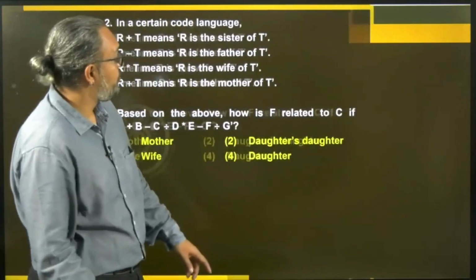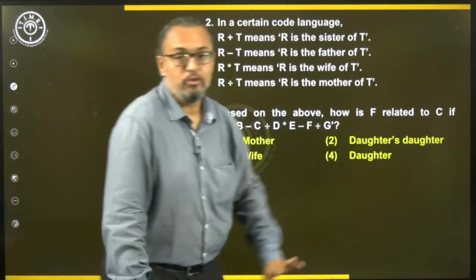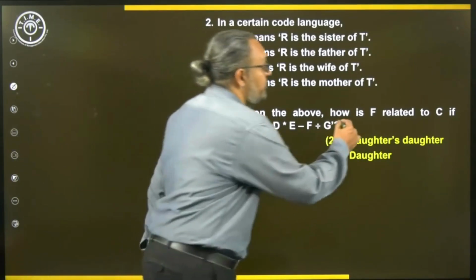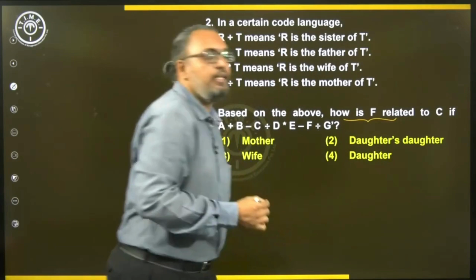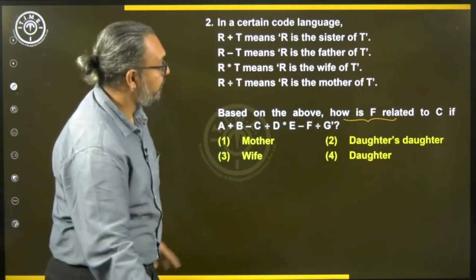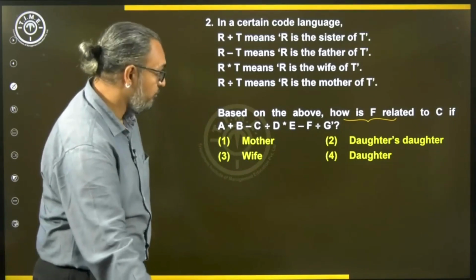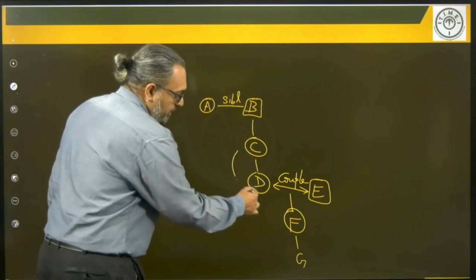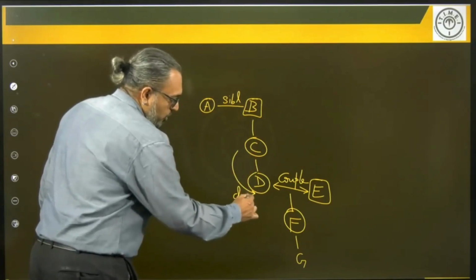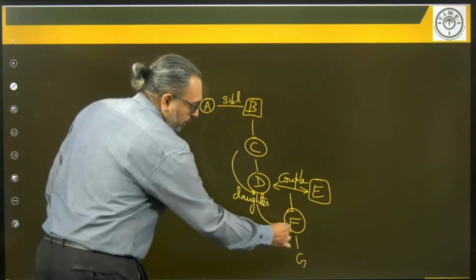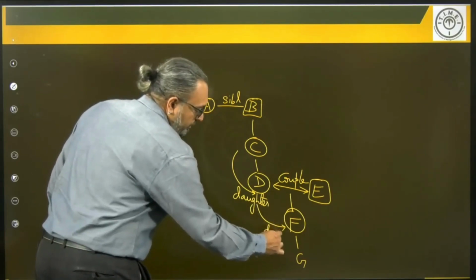Now what is the question? The question is, how is F related to C? Between F and C I need a relation, and because the question is how is F related, I need to check from C, the other person. So from C, first I go to D, who is the daughter, and from the daughter I go to F, who is again a daughter.